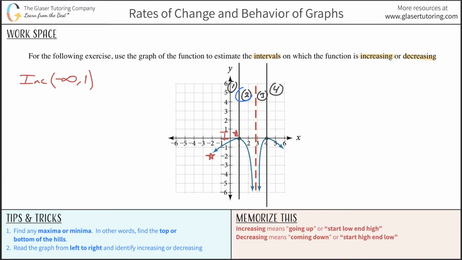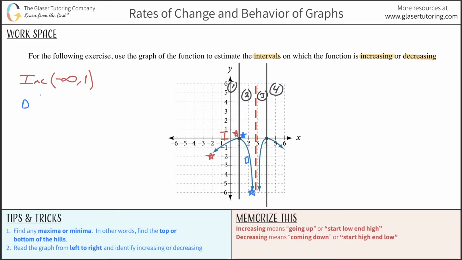Let's look at the second little interval here. Again, reading this second interval, which lies between these 2 vertical lines, we start on the leftmost side, which is here, and then we end on the rightmost side. Now it appears to me that we're starting high and ending low, so this part should be decreasing. So I'll put a little d there.